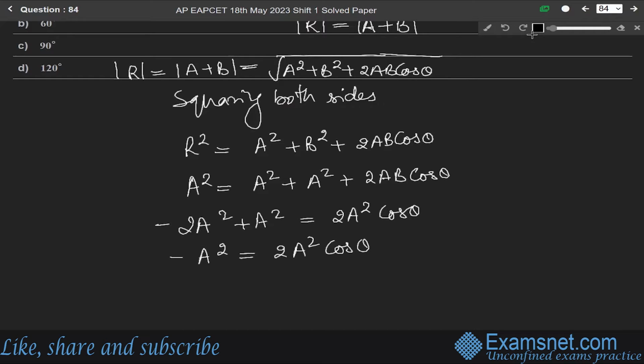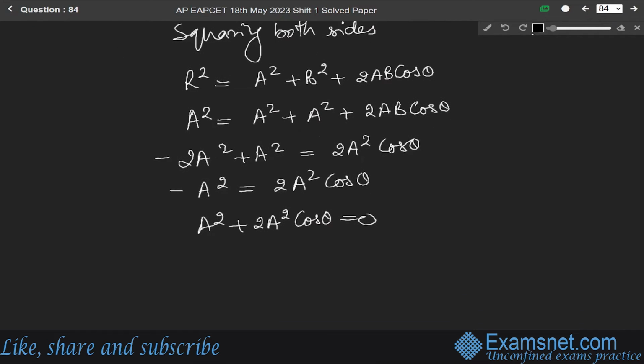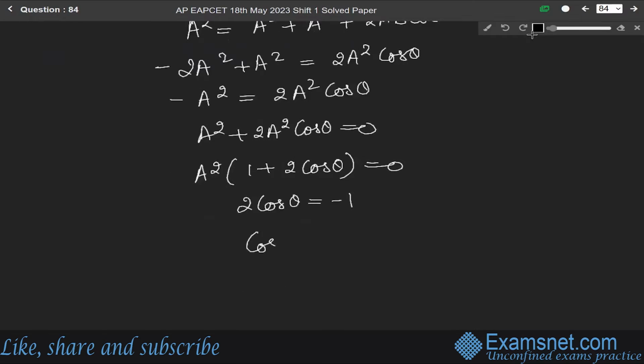We can write it as A square plus 2A square cos theta equals 0. So now taking A square common, 1 plus 2 cos theta equals 0. So 2 cos theta equals minus 1. So cos theta equals minus 1 by 2.